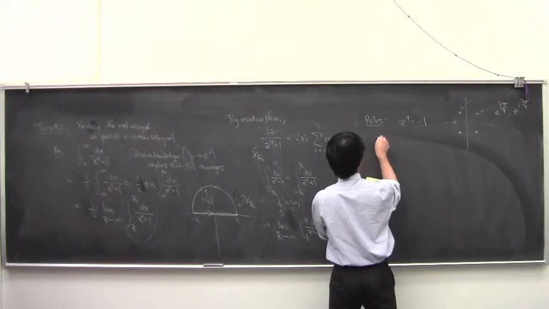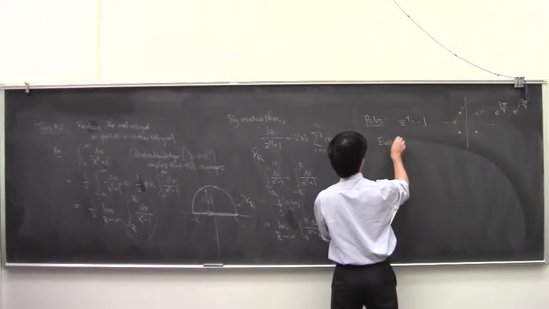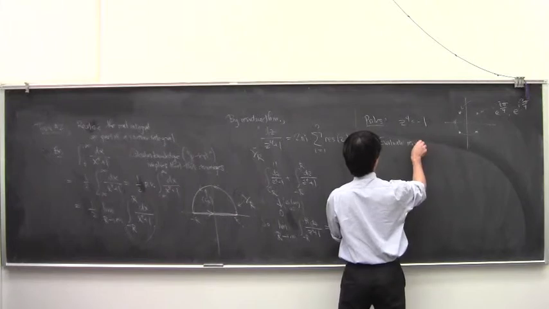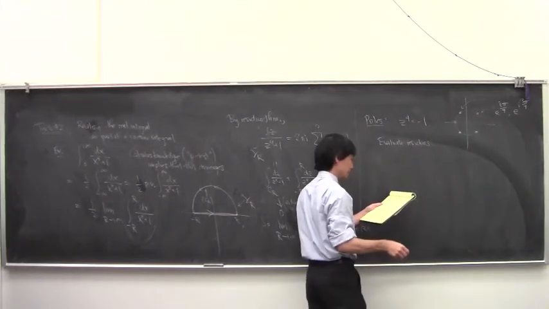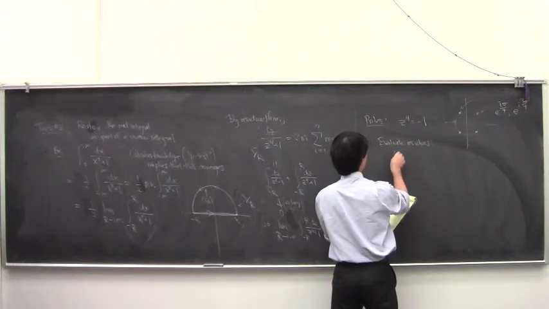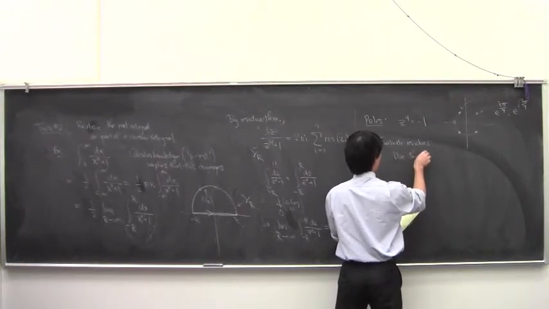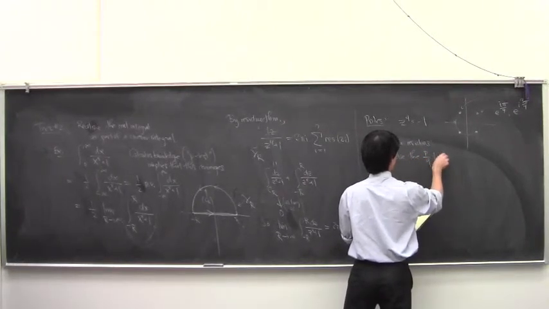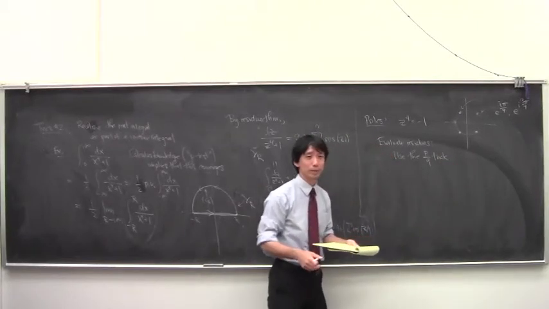So now we need to evaluate the residues. This time we're going to use the P over Q trick, because you have simple poles.